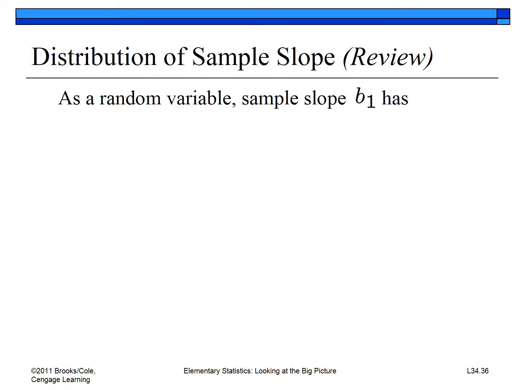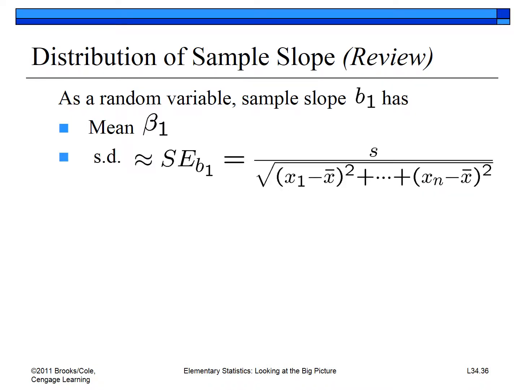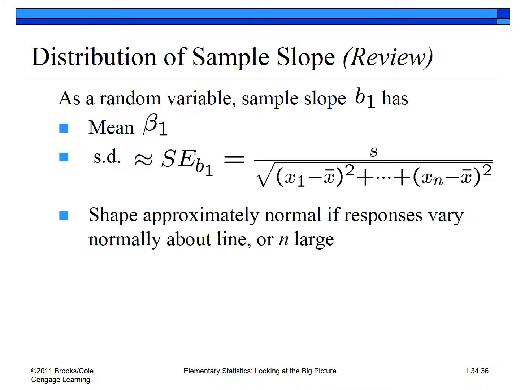So remember, the sample slope, B1, has mean beta1. That's the slope in the population. The standard deviation is approximately the standard error for B1, which we compute this way. The shape is approximately normal if the responses vary normally around the line, or if n is large.